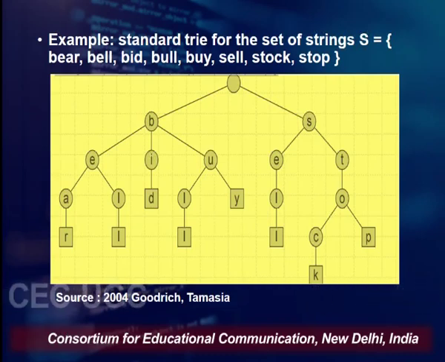There are 8 elements in this set of strings, capital S: bear, bell, bit, bull, buy, sell, stock, stop. So it is having 2 subtrees.